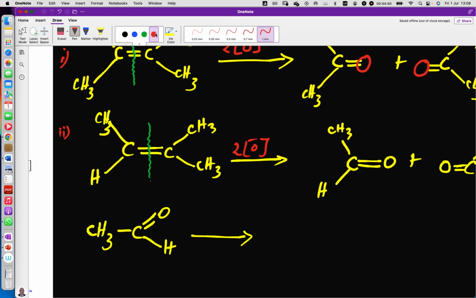It is still in the oxidation chamber, which is why the oxidation is going to occur. We will have this, and what will be the product? Our product will be a carboxylic acid. It will be CH3.